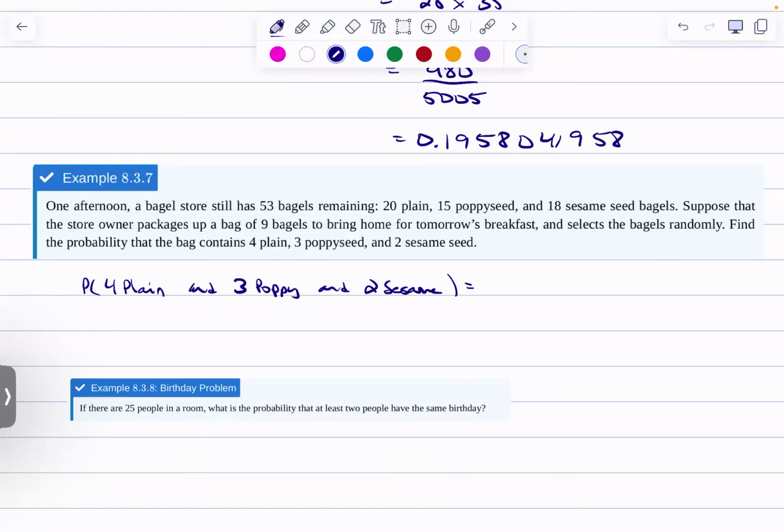From the 20 plain, I have to choose 4. And from the 15 poppy seed, I have to choose 3. And from the 18 sesame, I have to choose 2. And from the total 53, I need to choose 9.